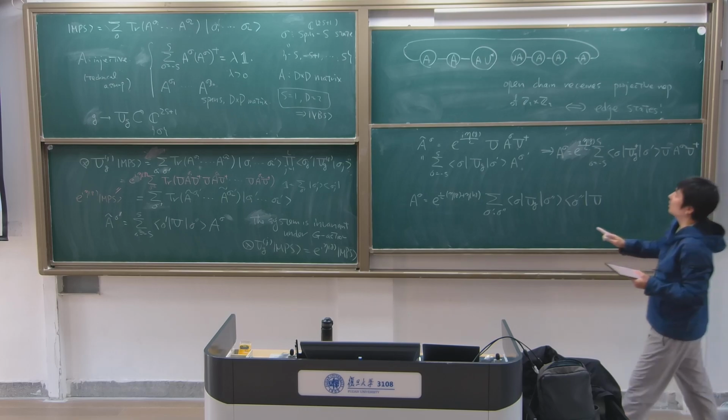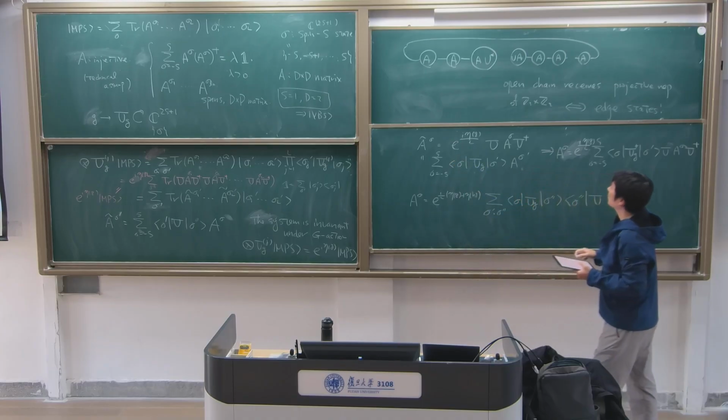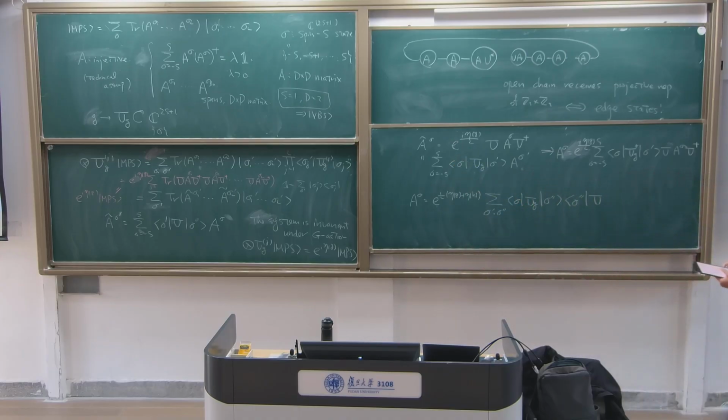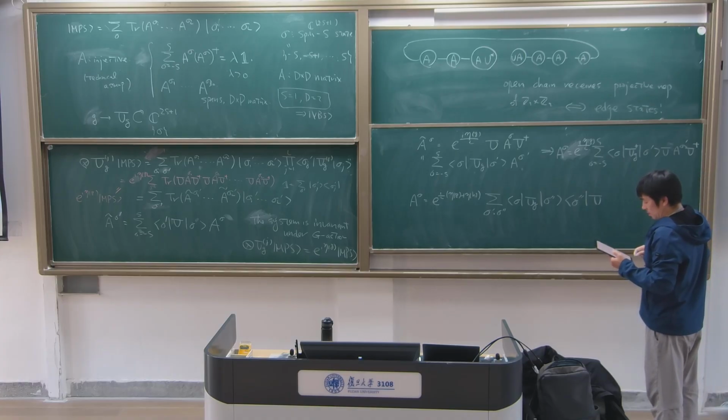Yeah, so I just multiply the inverse of this matrix with it here, and sum over. And then this should be prime. This should be prime.